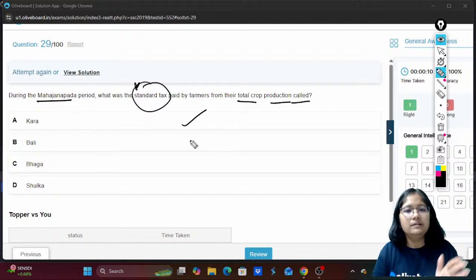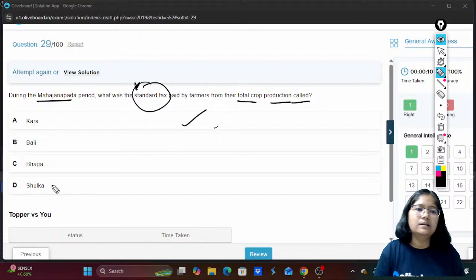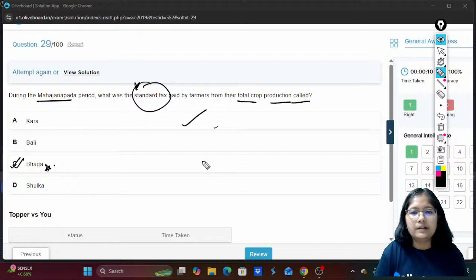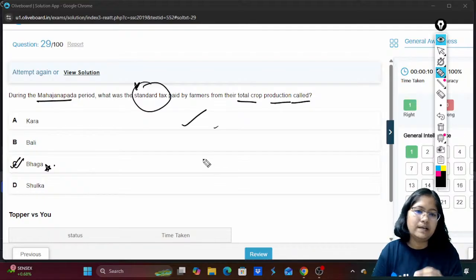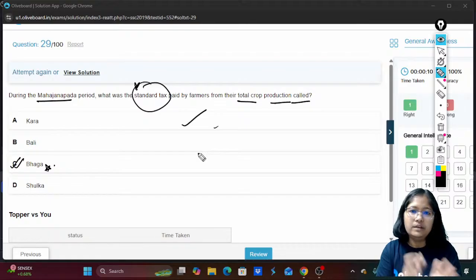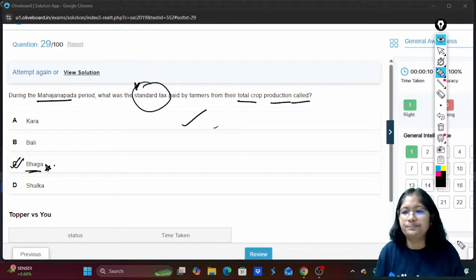And in the later Vedic system, in the post-Vedic system, the mandatory tax system started, and it is known as bhaga. It is known as bhaga, or by whatever local name you know it, we can say it as a bhag, or a part of the total crop production. So the correct answer here is option C, that is bhaga.